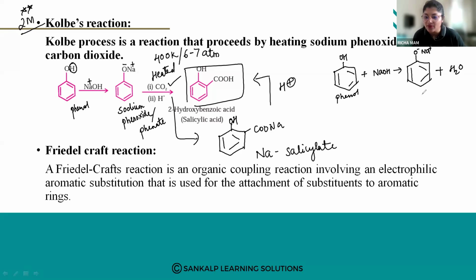Now this sodium phenoxide, we treat it with carbon dioxide in the presence of 6 to 7 atmospheric pressure and 400 Kelvin. We get sodium salicylate, with OH and COONa on the ring.